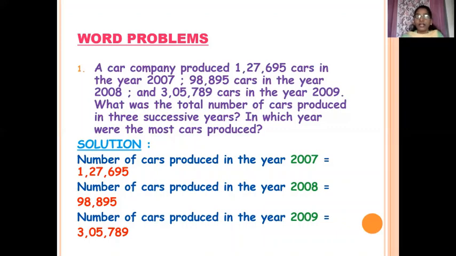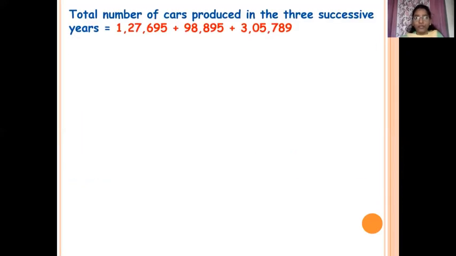So, according to the first part of the question, we need to find the total number of cars produced in 3 successive years. So, what do we have to do? Total number of cars produced in the 3 successive years is, how you're going to find? Exactly, you're going to add the given large numbers, isn't it?